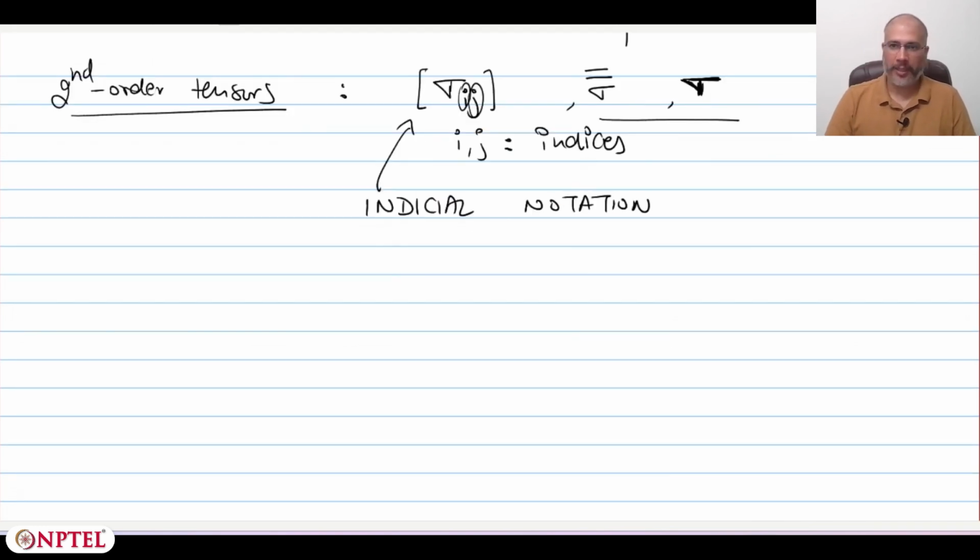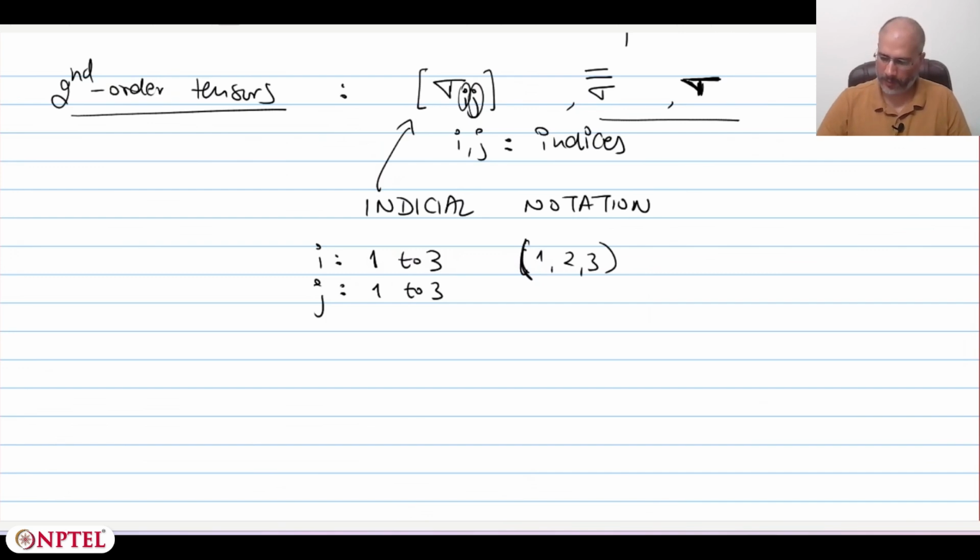So the indices i and j in this case for the second order tensor can take values. So i can take values from 1 to 3, so that's the values 1, 2, 3. Similarly, the index j can take values from 1 to 3 in a 3D world, of course. I'll not repeat that again and again, because as I said, in this course, we'll be talking about the three-dimensional world unless specified otherwise.